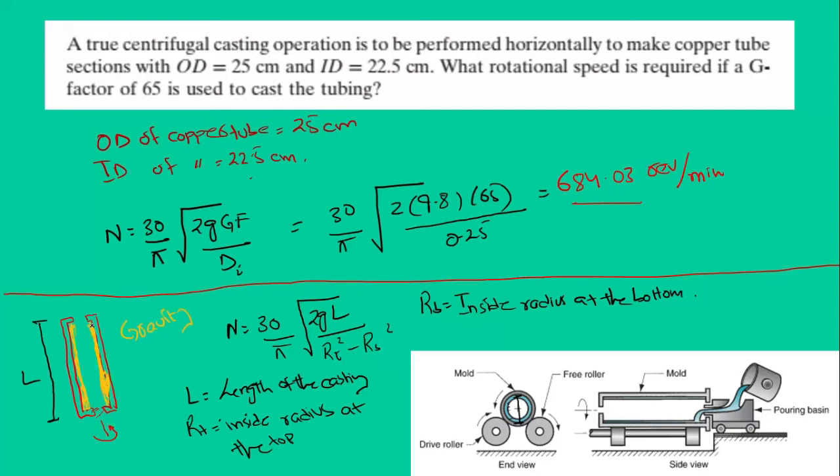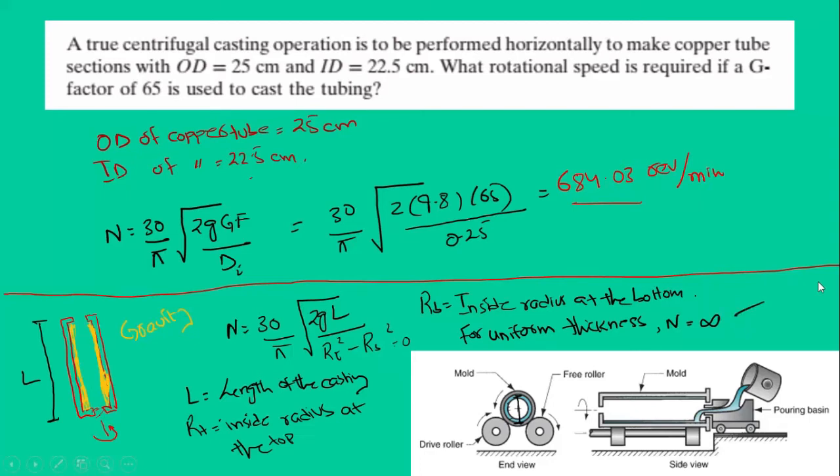If the thickness at the top is the same as the bottom, RT would be equal to RB, and the denominator would be equal to 0, and it means our number of revolutions would be equal to infinite. For uniform thickness, n would be infinite, which is obviously practically not possible.